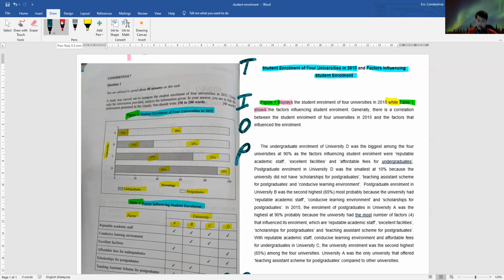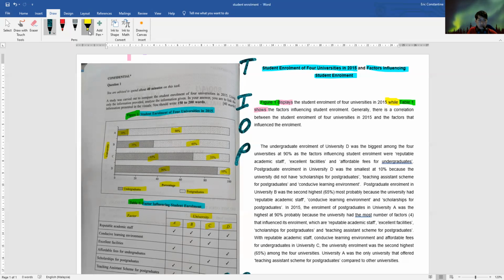Okay, so make it clear. To be safe, just don't ask so many questions why we are not allowed to use and. Anyway, just follow the procedures given by the NBM. So just use the word while, that's the safest one. So figure 1 displays blah blah blah, while table 1 shows the factors blah blah blah. So very straightforward.